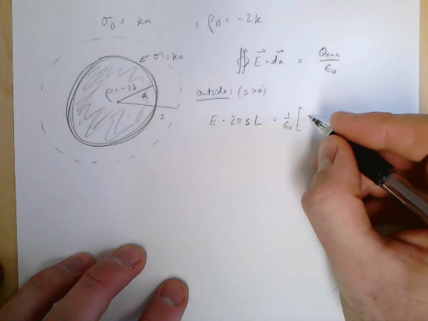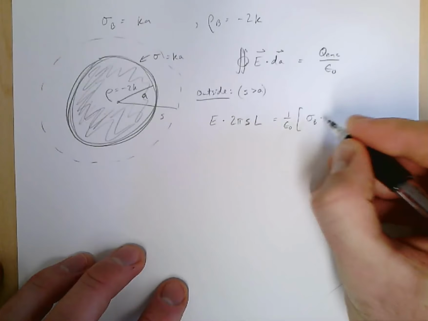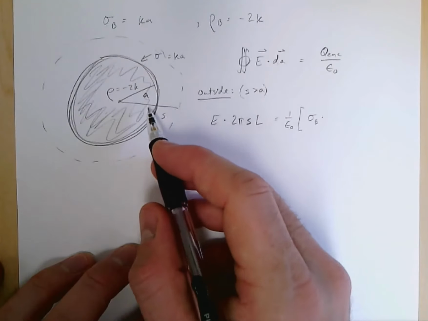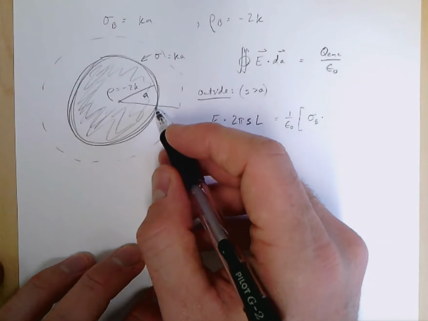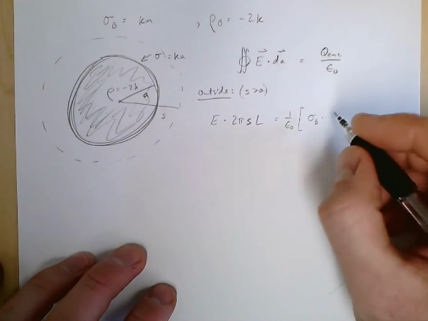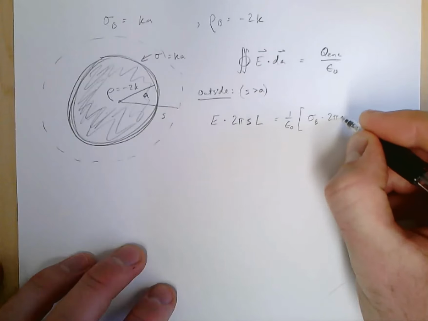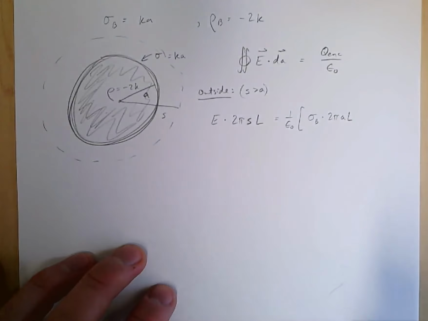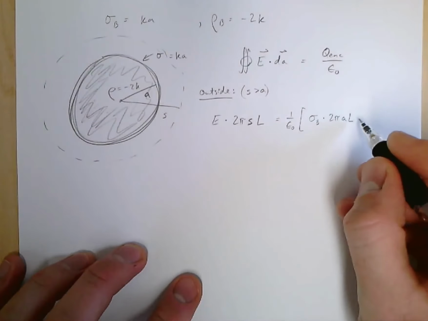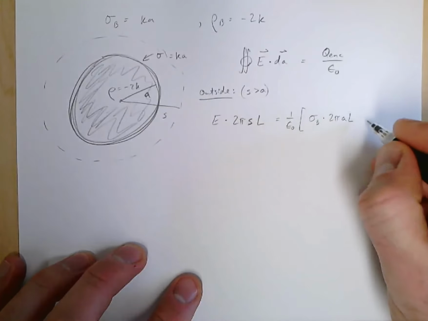The sigma is the charge per surface area, so if we multiply by the surface area of the cylinder, then we're going to get out the actual charge. Okay, that seems pretty reasonable.